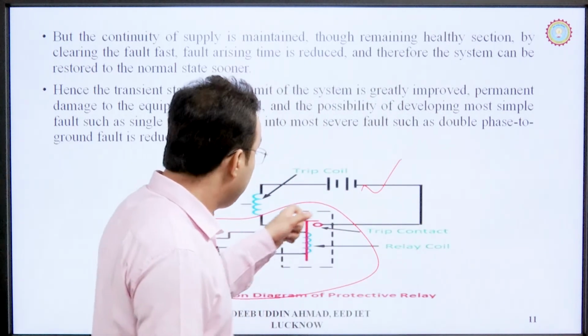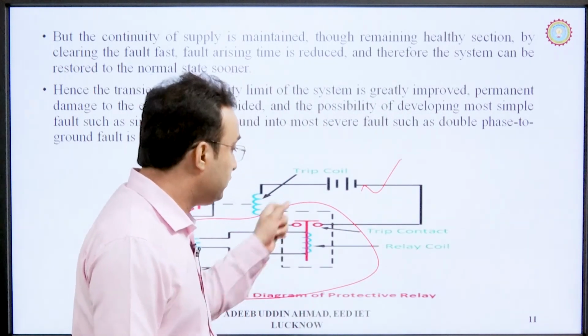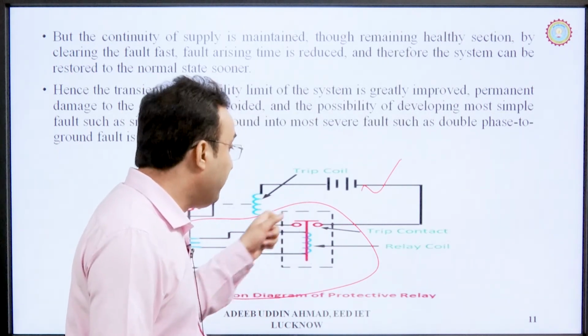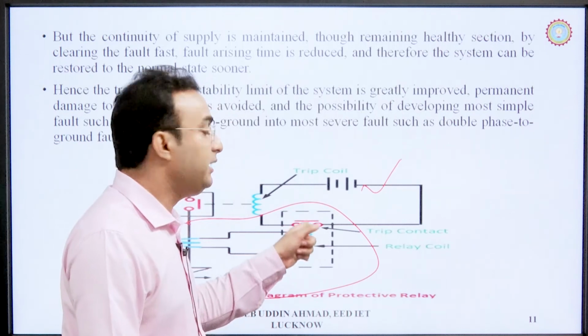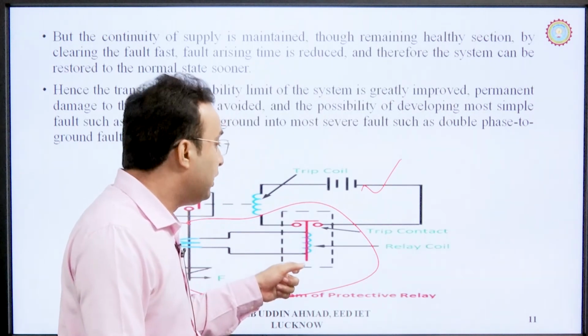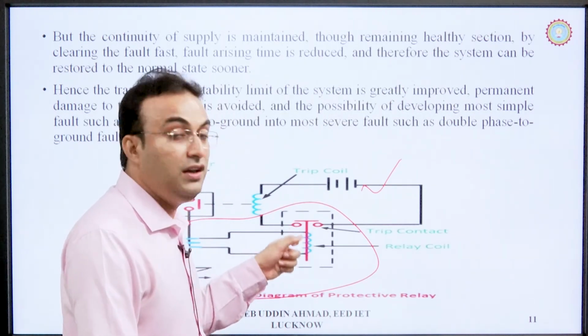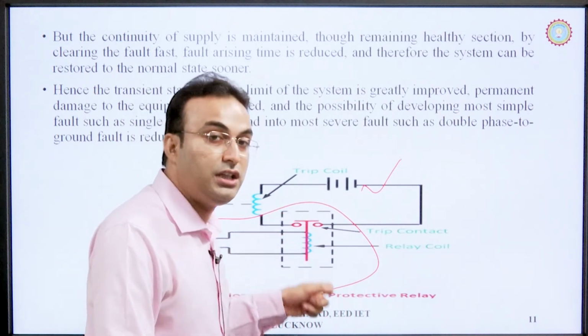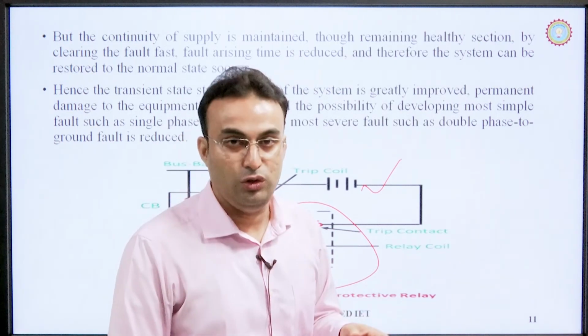For example, if you are talking about current, the minimum value of current that is capable of operating a relay, that is capable of operating this coil, that is called the pickup value. The minimum value of current that is capable of operating this coil, or at which value the relay will work or the relay will energize its contact, is called the threshold value, or you can say the pickup value of the relay.